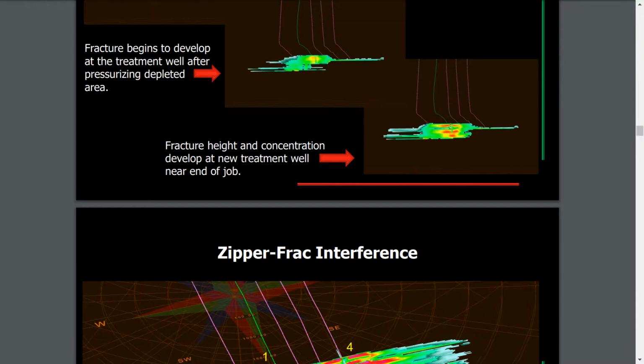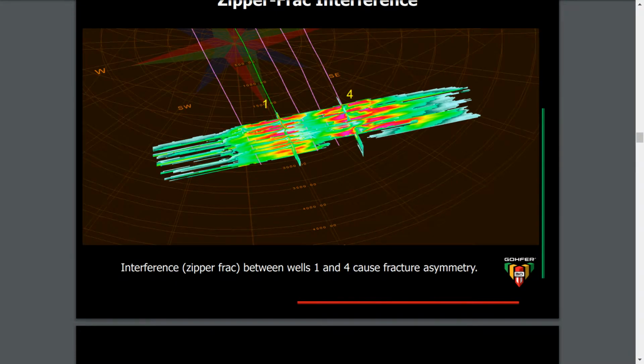The height is going to be the largest next to the wellbore, because that's where you have the highest net pressure. But if that net pressure is not so high closer to the tips, the fracture might just concentrate on regions of low stress. And if you put multiple fractures together, this is more or less what you might see.